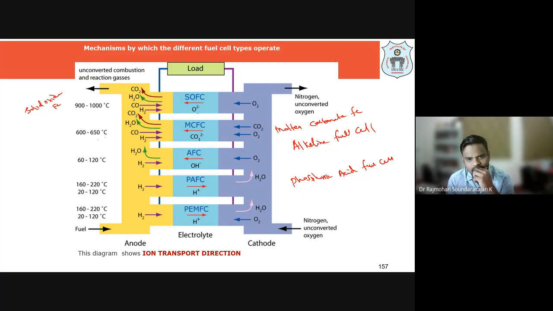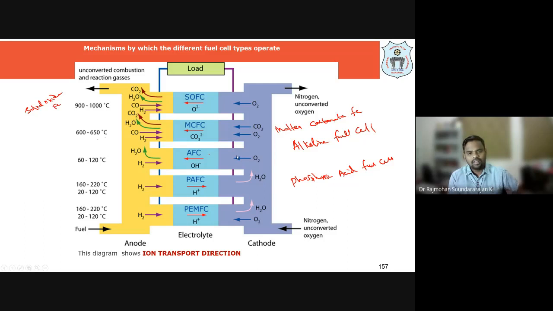So accordingly, we have a different reaction for each type of fuel cell. Even though the overall reaction is H2 plus O2 giving water, which is exothermic and produces electricity, we have different ion transport taking place in each type of fuel cell, and the direction of the ion transport is also varying.